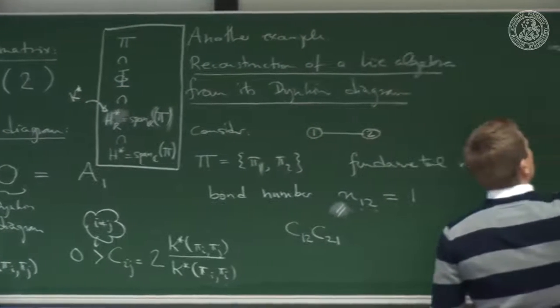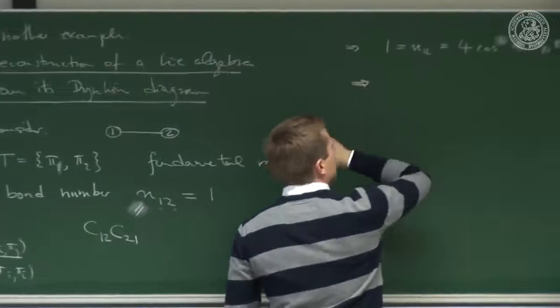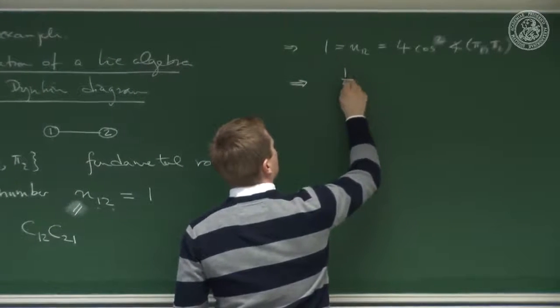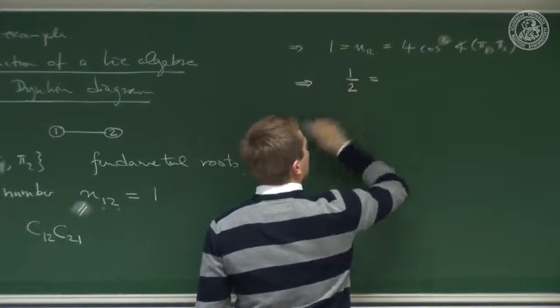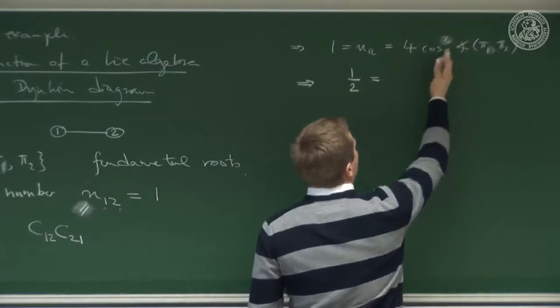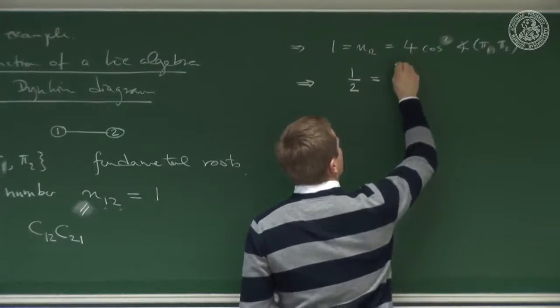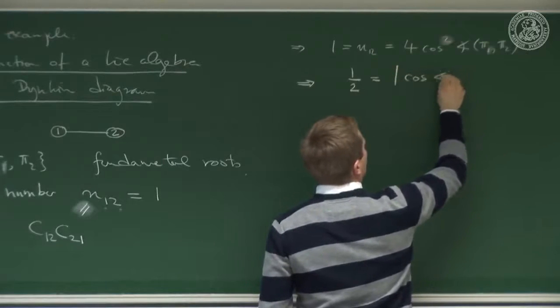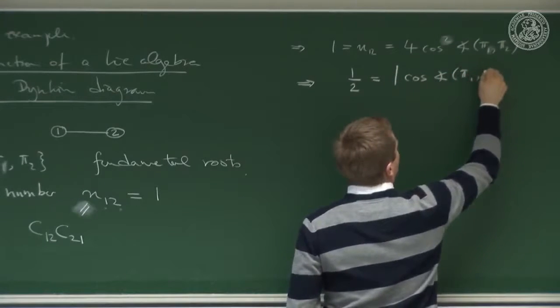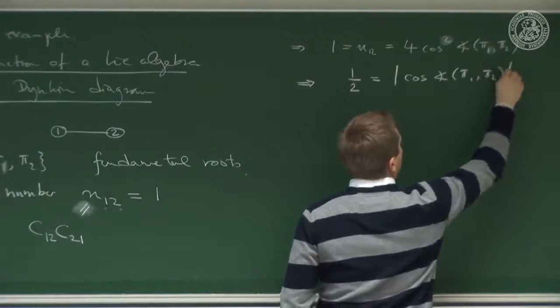Now, of course, we can take the square root here with some care. So this is 1/2 equals the absolute value of the cosine of the angle between the two.